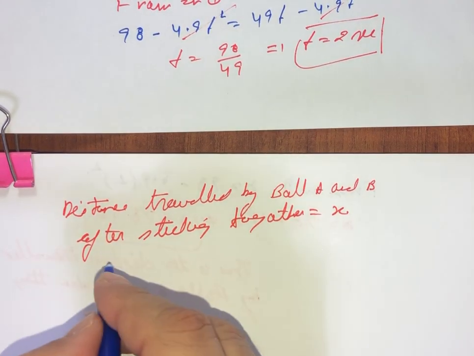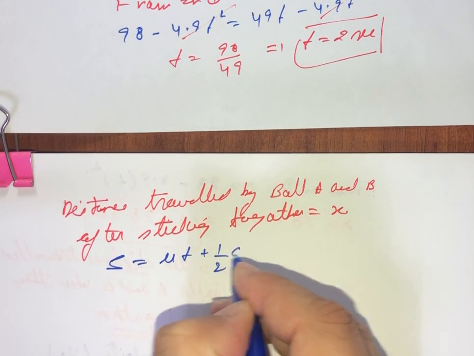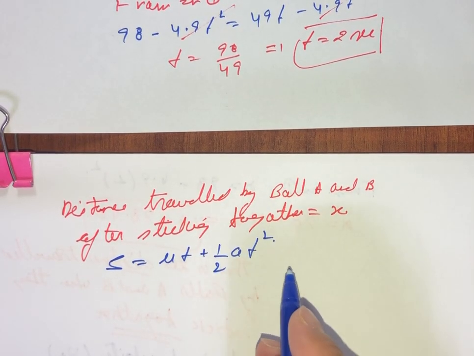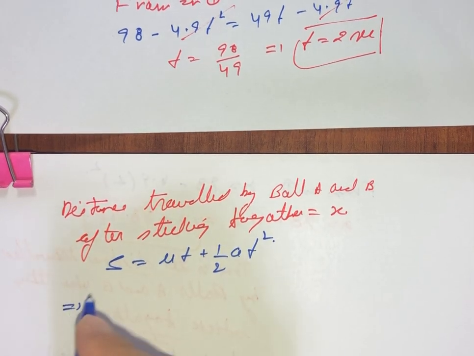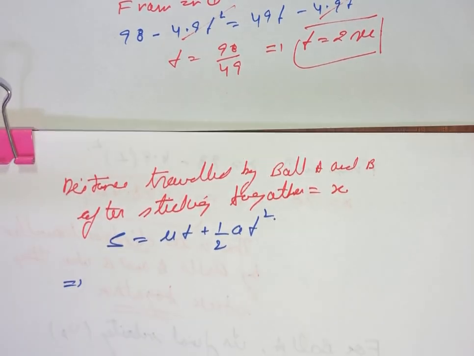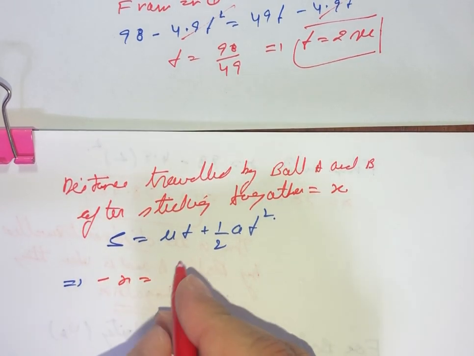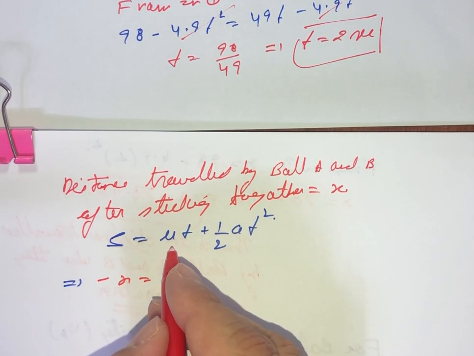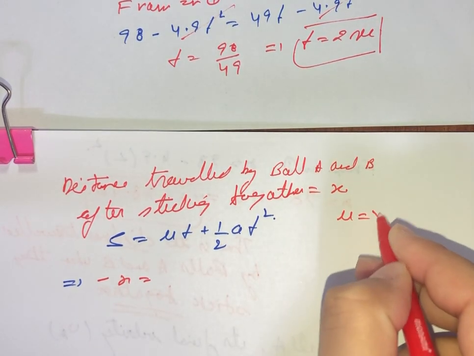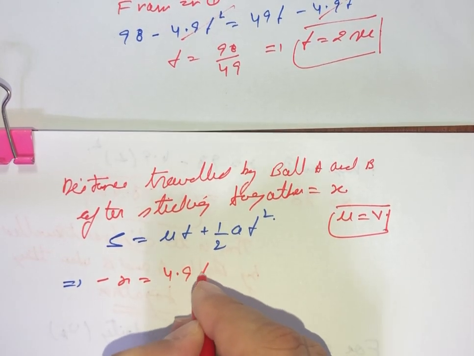So we can use the formula S is equal to ut plus half at square, and substitute the values, we get this as minus x is equal to, now this is our, we just found out, 4.9, here u is equal to capital V, so this is 4.9 t we are going to find out.